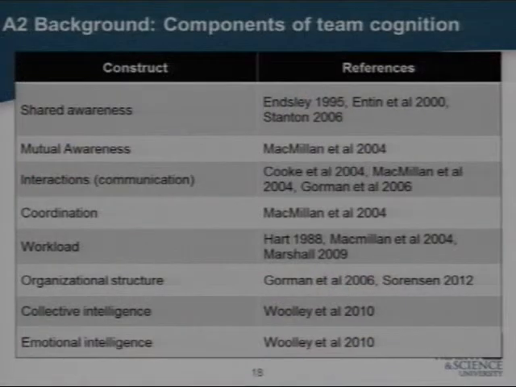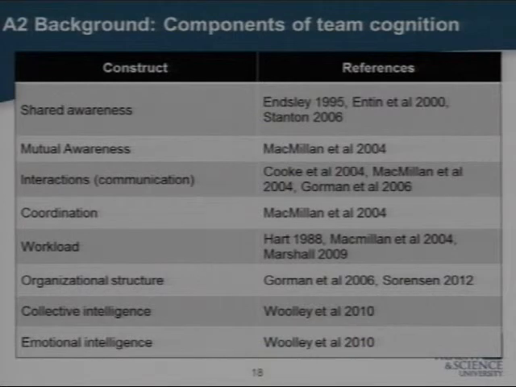So in terms of specific properties that fall within these different categories, the constructs I've identified are situational awareness, mutual awareness, interactions in terms of communication, coordination, workload, organizational structure, collective intelligence, and emotional intelligence. Shared awareness focuses on whether the participants know the same thing in the same way about their environment.